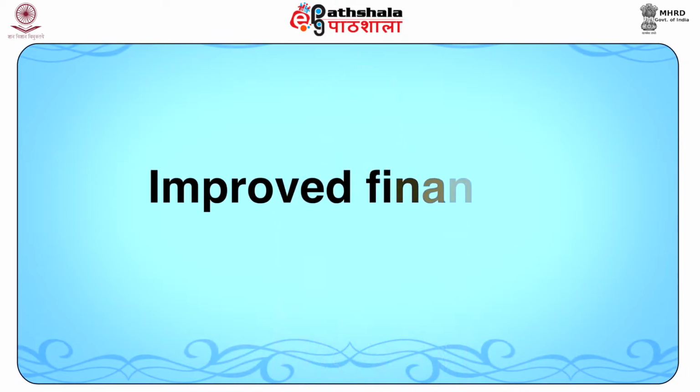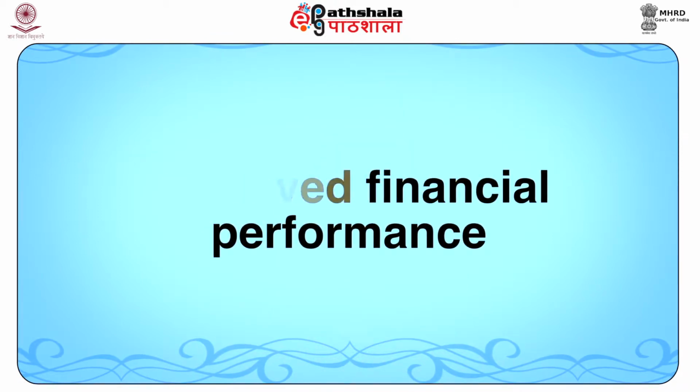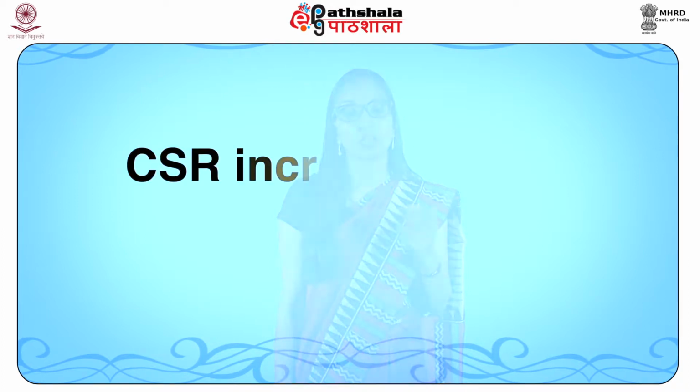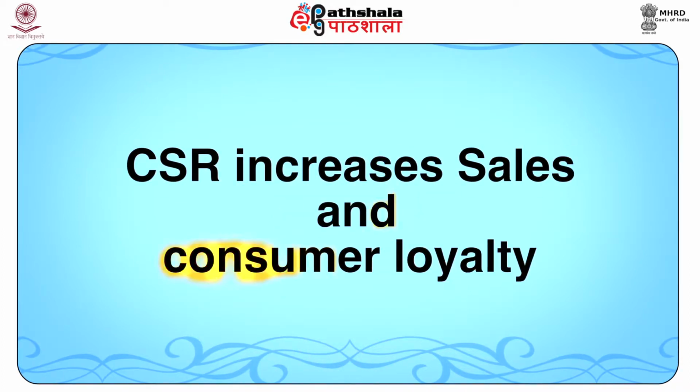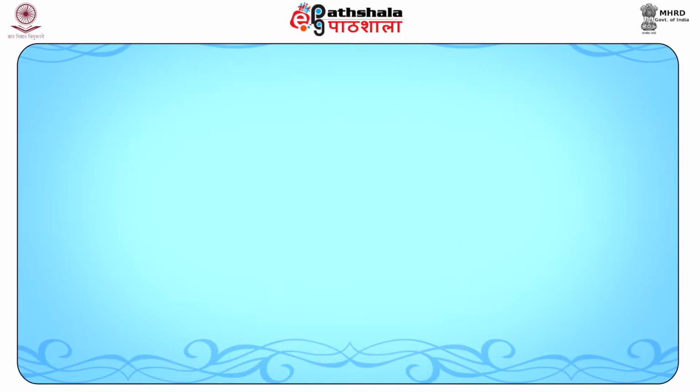So, it's always prudent to act in a socially responsible manner and not give any opportunity to government to intervene and put controls. Next is improved financial performance. CSR activities help companies to earn good profits and minimize their operating cost, which in turn improves the financial performance of a company.